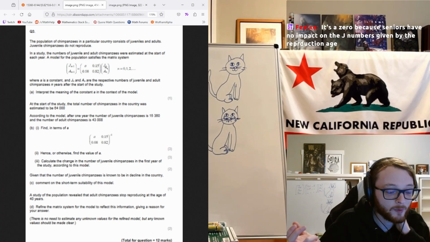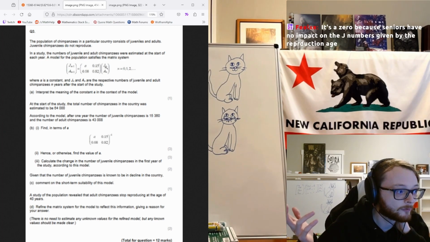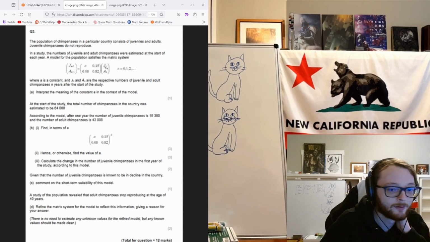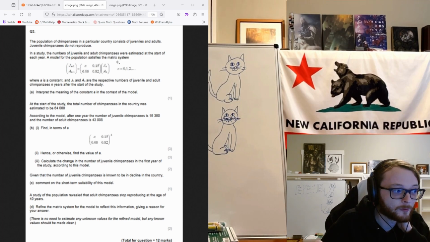Now you can make the argument that the seniors are still eating food that then takes food away from the juveniles, but the model doesn't seem to think that far ahead. So that's kind of a confusing part of it, but I think they're thinking mostly in terms of reproduction. Since seniors don't reproduce, they're not making more juveniles, so the number of seniors doesn't affect the number of juveniles for the sake of this model.